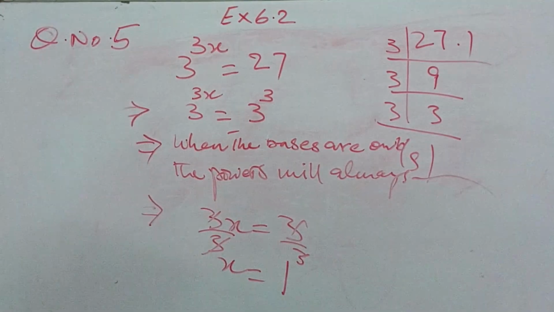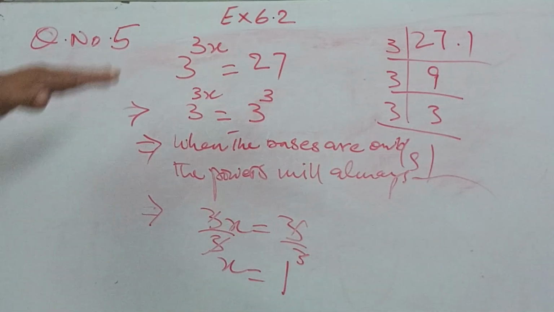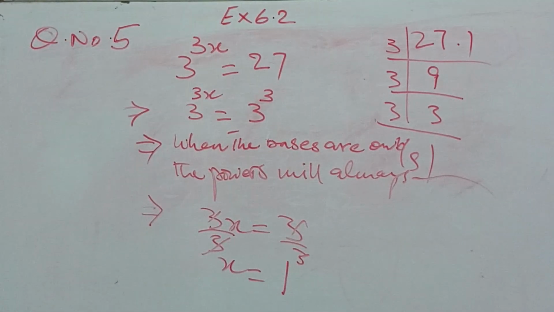So we have found the value of x from the power. Now you see, I have solved it from the power. I think I have to do more parts from question number 5 because the level of difficulty is high over here.